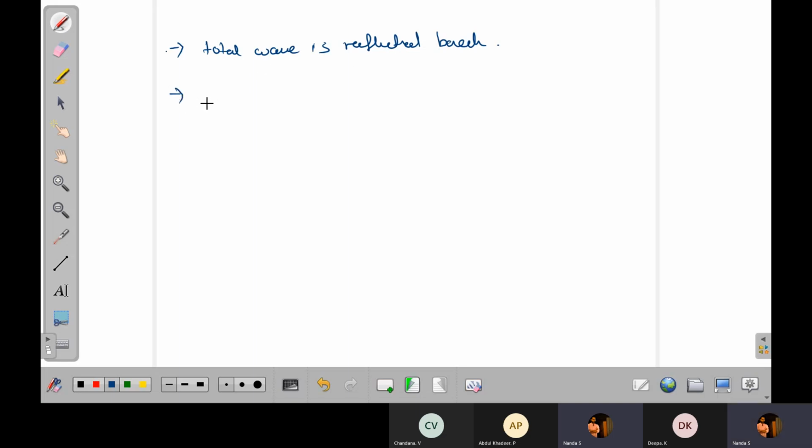Now the next thing is, when the wave is reflected back, it combines with the incident wave to form a standing wave. What does that mean? Let me just write first.